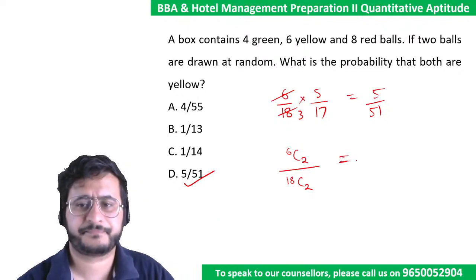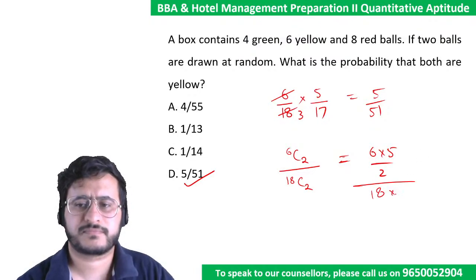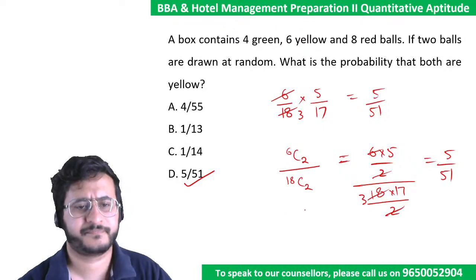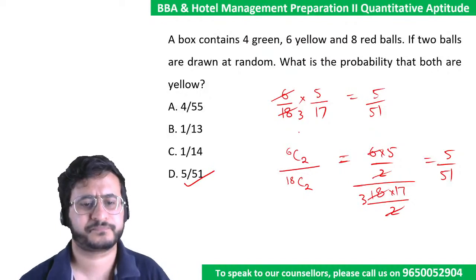That would also result in the same thing. So that will again give you the same result, that is 5 by 51. Now this is an easy thing to understand.